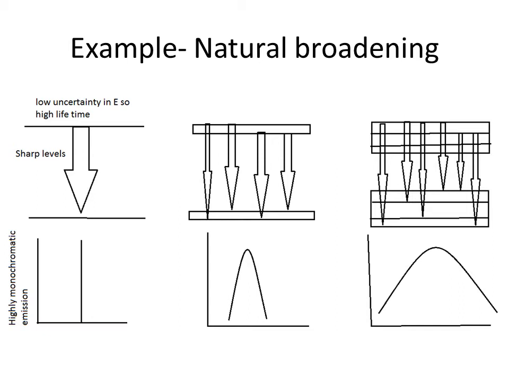Natural broadening is something which we cannot avoid because of the energy time uncertainty, just what you have learned in quantum mechanics: delta E into delta T should be a constant. So in the first diagram the energy levels are sharp, which means delta E, or uncertainty in energy, is very low.